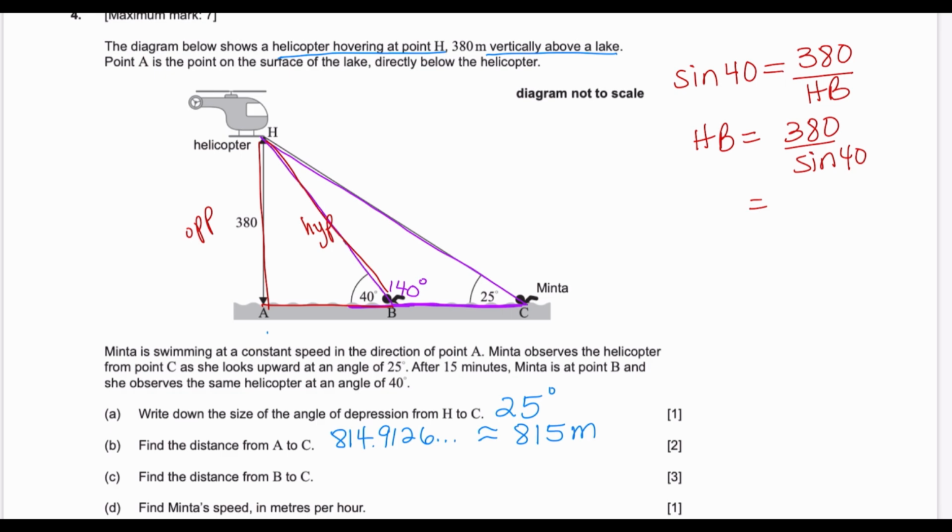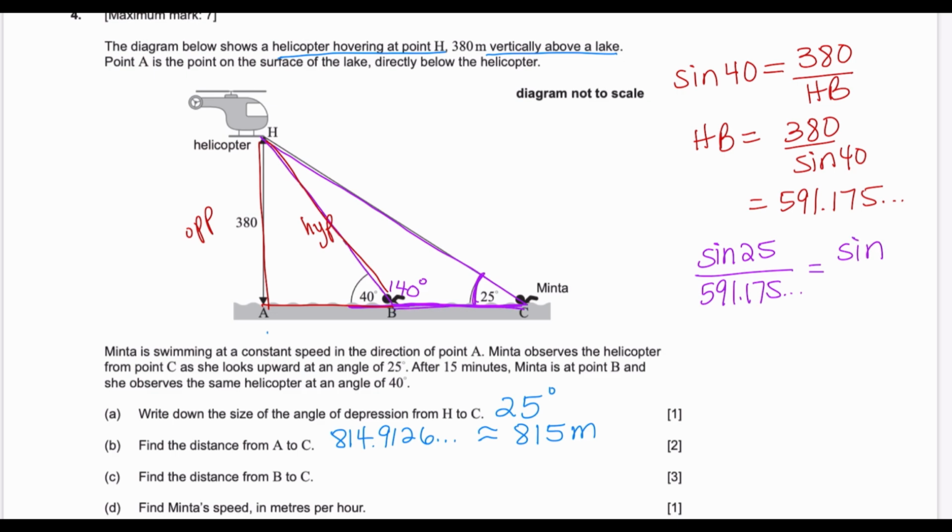So now I know that 380 divided by the sine of 40 is going to give me about 591.175, and now I have enough information to set up sine rule. So in sine rule, I can say the sine of 25 degrees is to its opposite side, 591.175, as the sine of, and remember, I'm trying to find BC.